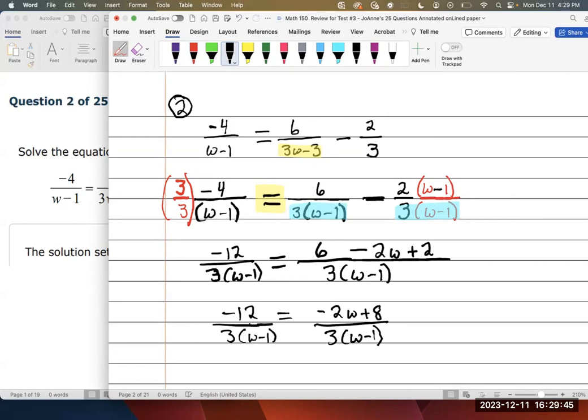I can cross multiply as before, but instead, because this is an equation and we're allowed to do whatever we want to both sides of an equation, I'm going to choose to multiply both sides by 3 times the quantity w minus 1. Notice I'm not multiplying by 1, I'm actually multiplying by a value.